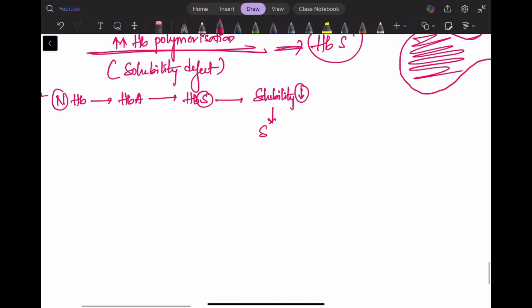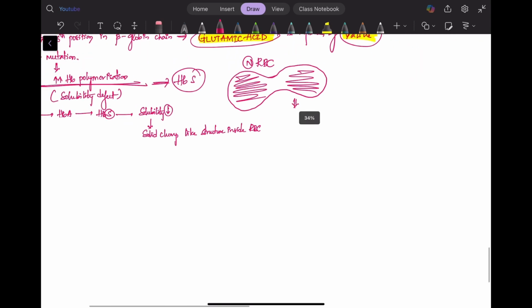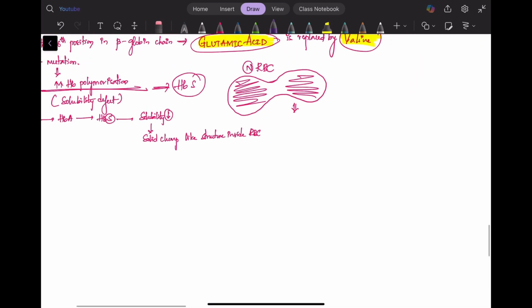Solid clump-like structures are formed inside the RBC. So this was our normal RBC, right? So what happens here? The shape doesn't change, unlike spherocytosis, the shape remains the same, but hemoglobin clumps like this.